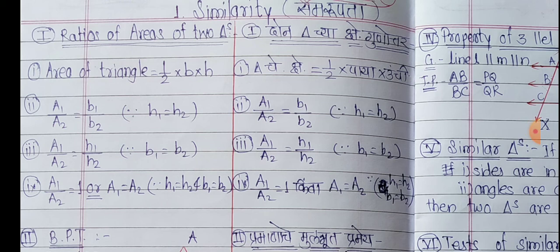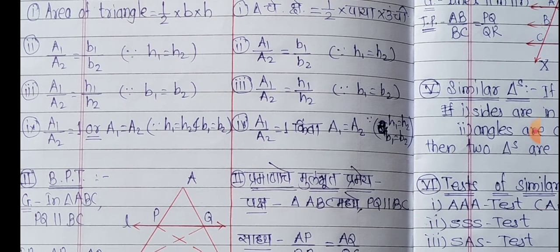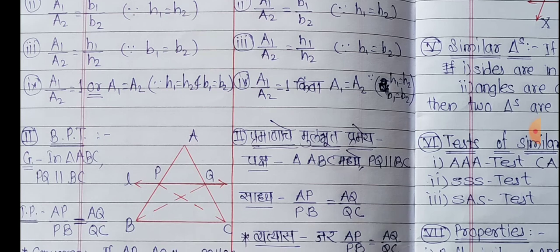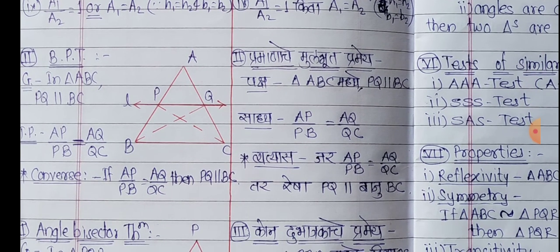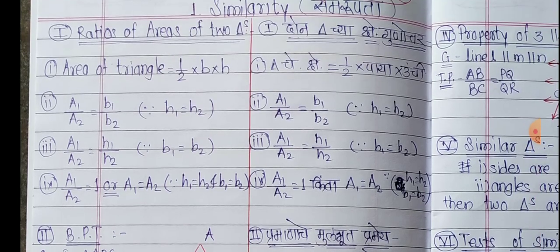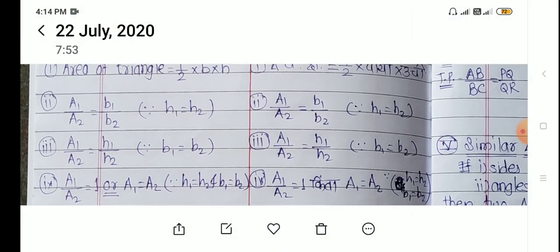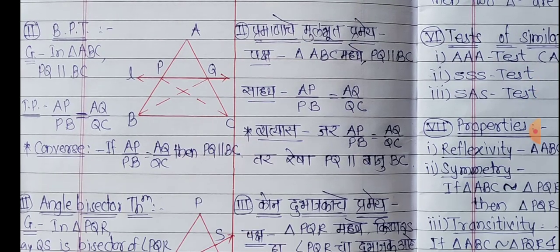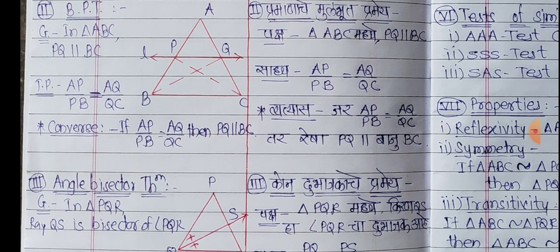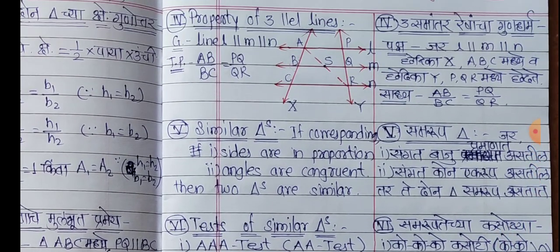Make the charts depending on these formulae. See on the screen. These are the important formulae about each concept in the topic. First concept, ratio of area of two triangles. Second, BPT, basic proportionality theorem. This is the basic concept. Next one, angle bisector theorem.